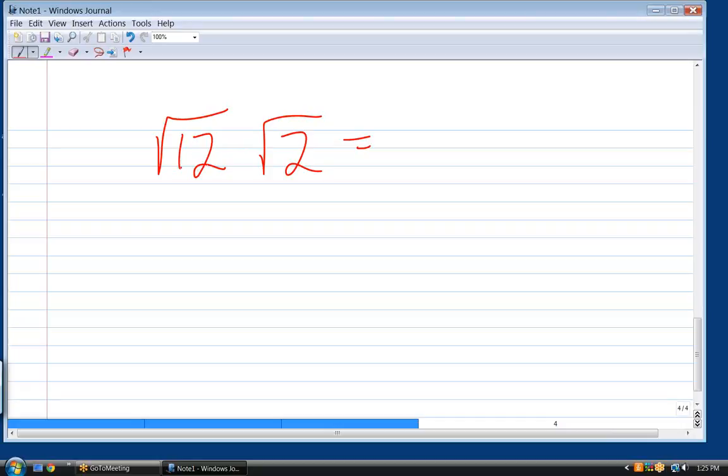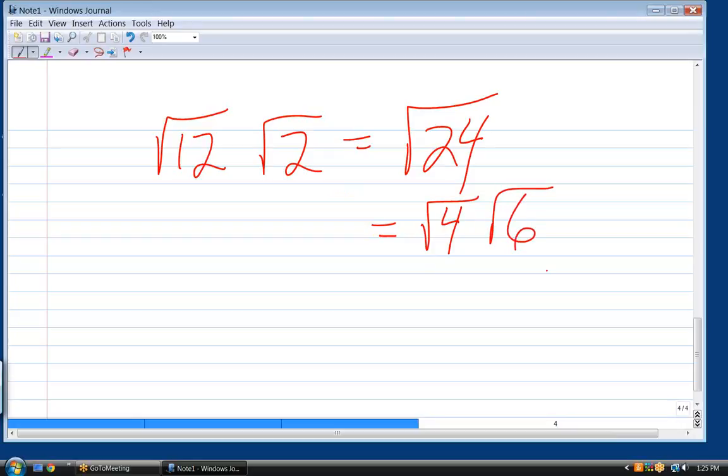In other words, we've got the square root of A times the square root of B. That's going to be the square root of what? 24. Right. Now, can that be simplified? Yeah. Because it's divisible by what? 4. Yeah, so that's the same as the square root of 4 times the square root of 6.